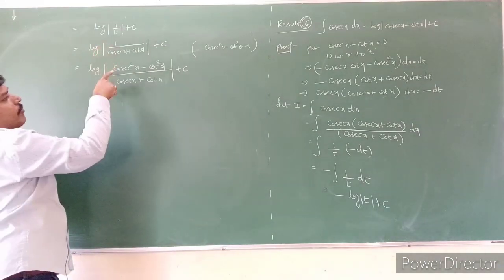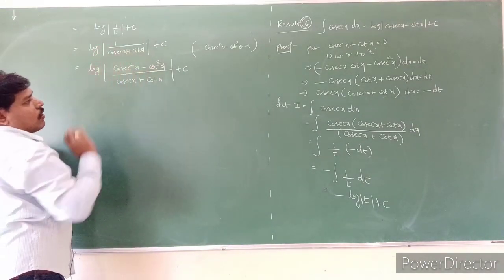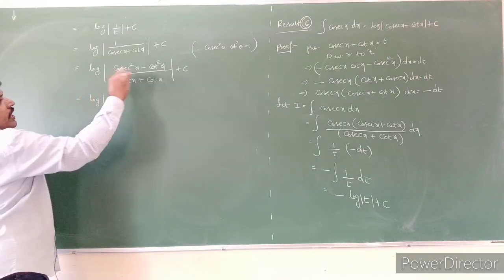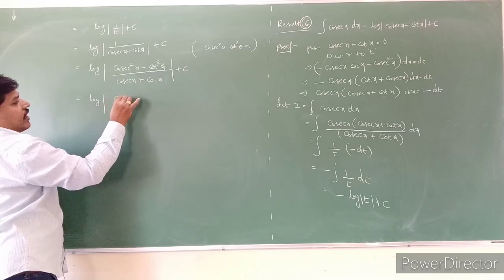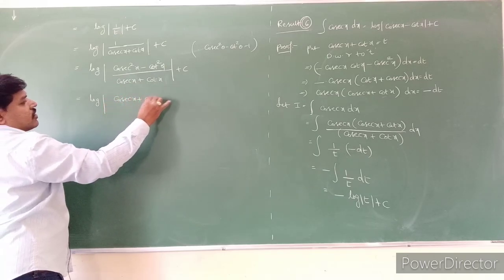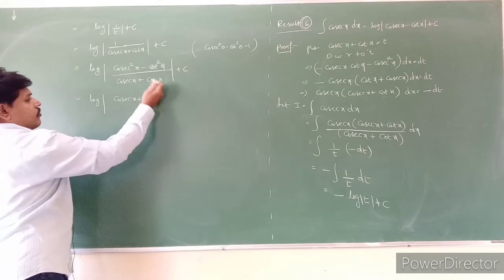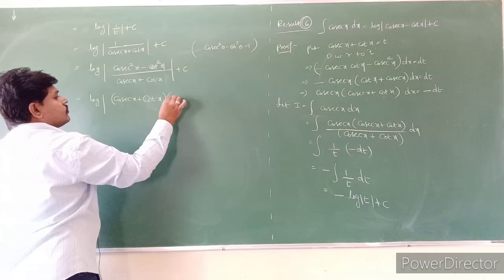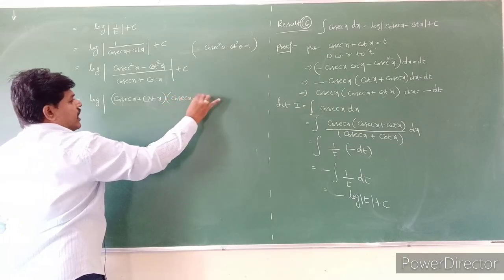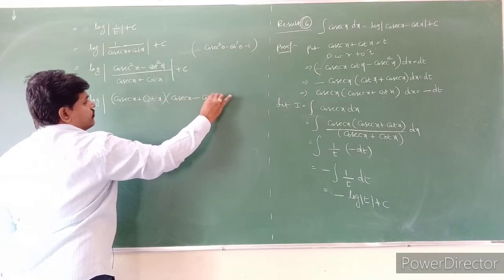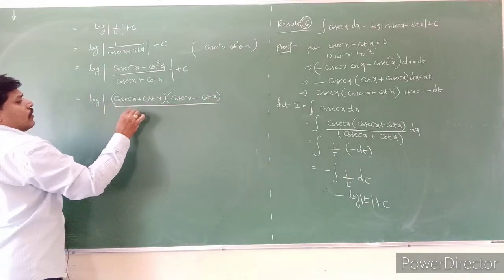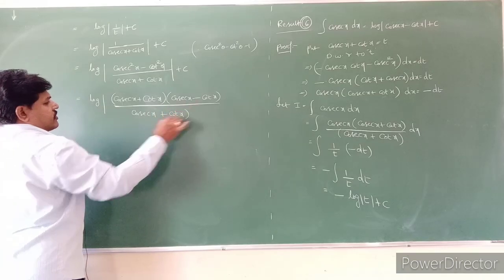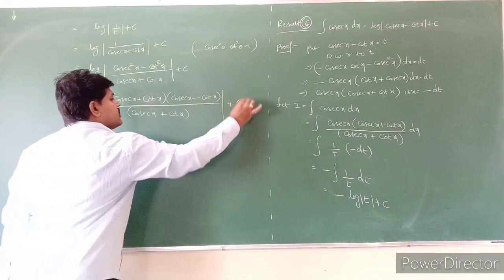So 1 I am writing as cosecant square x minus cot square x. So that is equal to log of a square minus b square, which you can write as cosecant x plus cot x into cosecant x minus cot x, by cosecant x plus cot x, plus c.